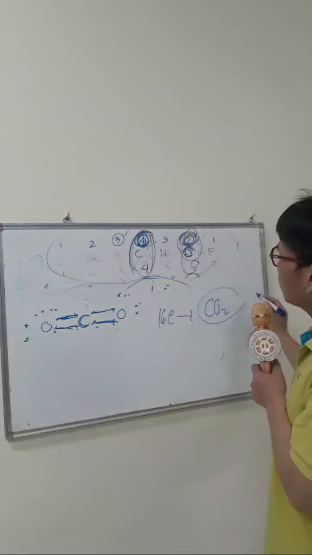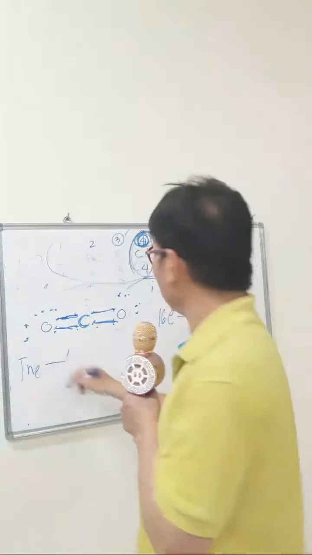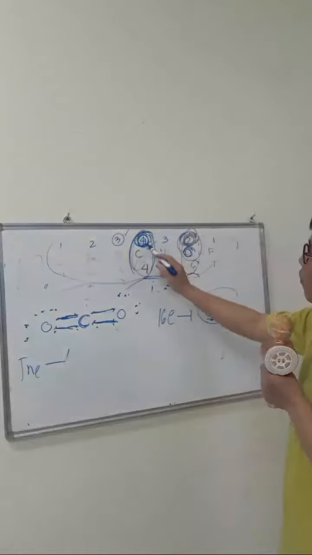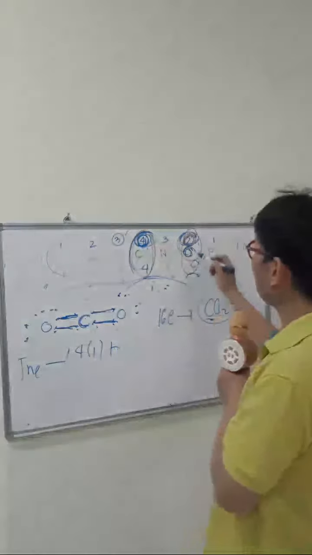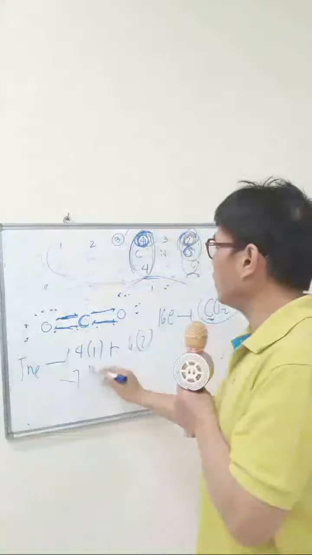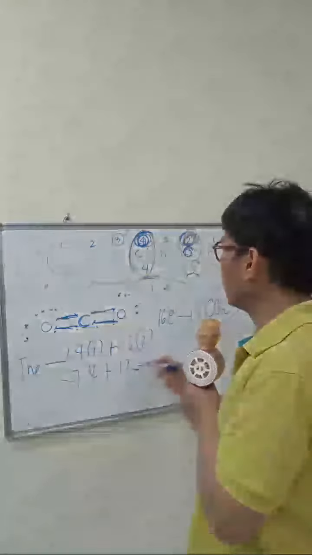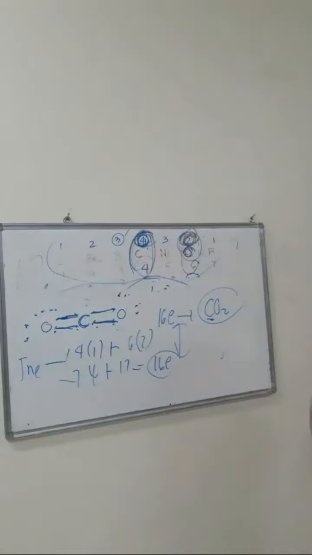Compute the total number of electrons: carbon has 4 valence electrons times 1, then oxygen is 6 times 2 subscript. Then 4 plus 12 is 16 total. It's equal, so it's correct. When you count 16, and when you use the formula, it's also 16.